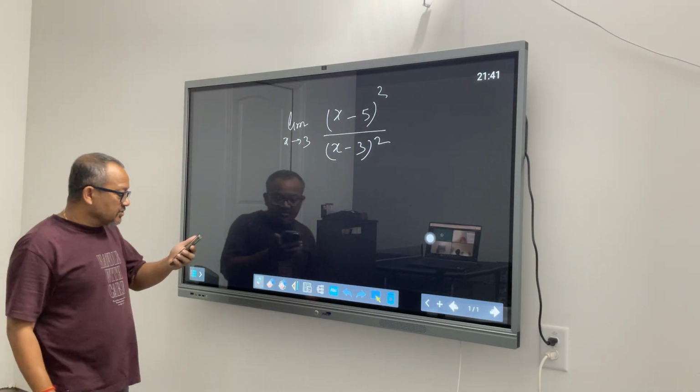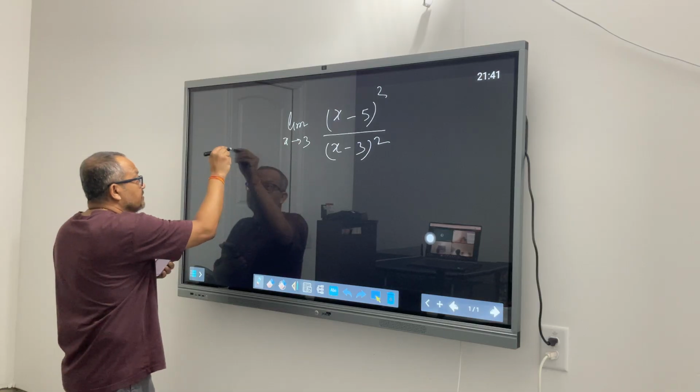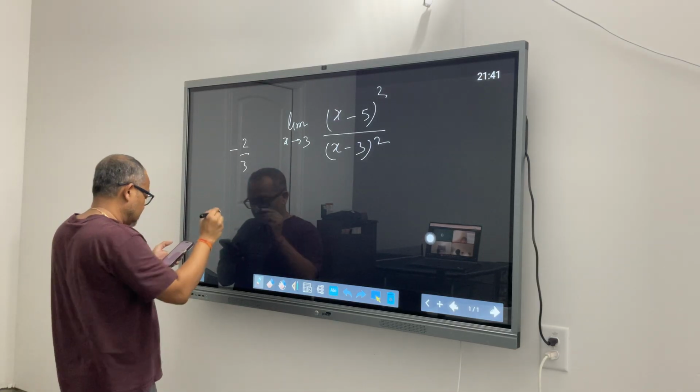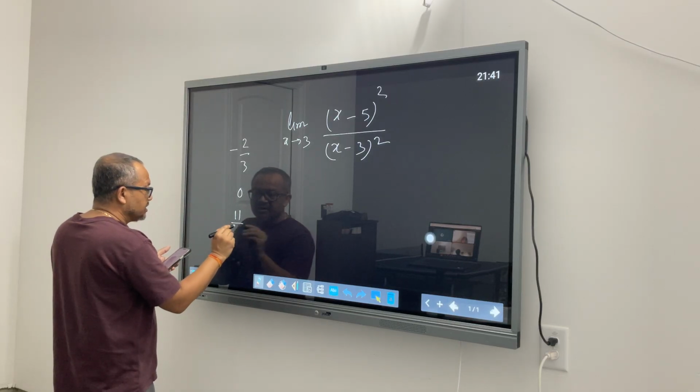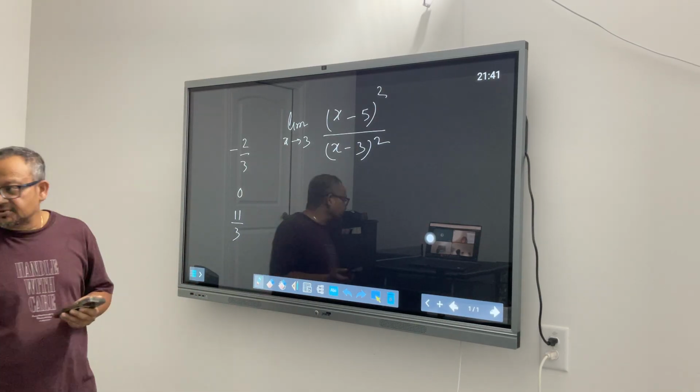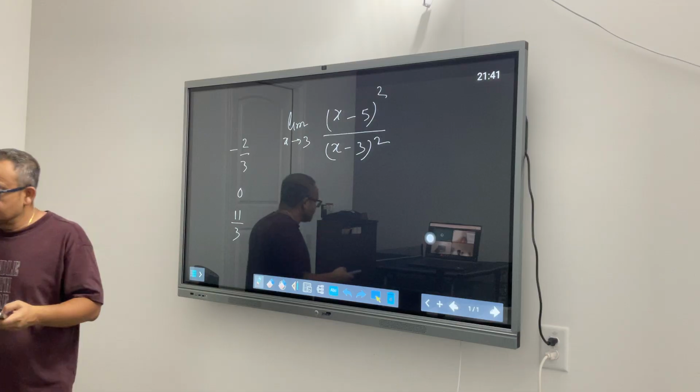And the options are minus 2 over 3, 0, 11 over 3, and the fourth option says limit does not exist.